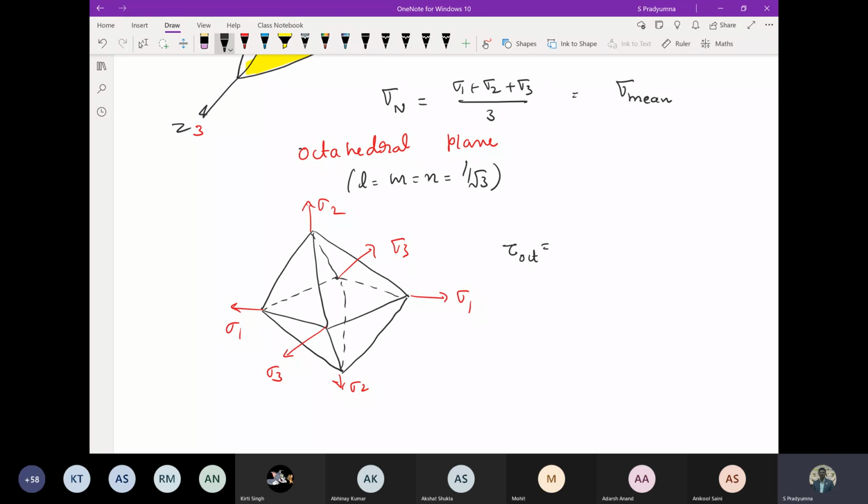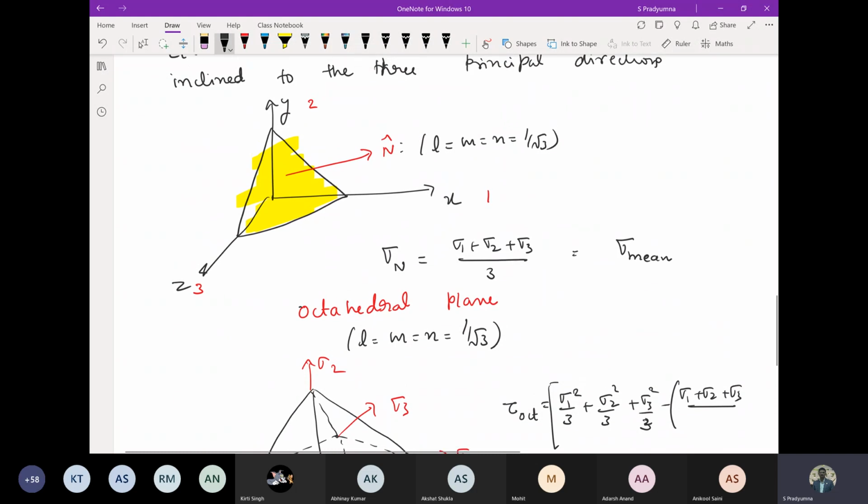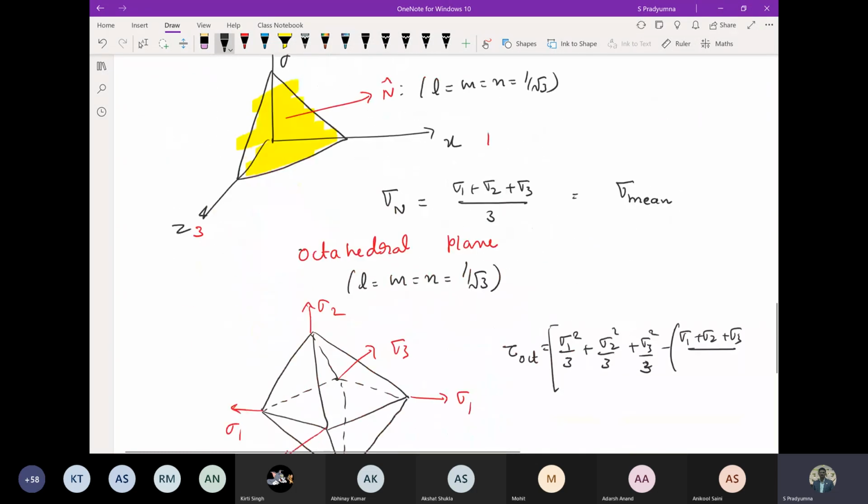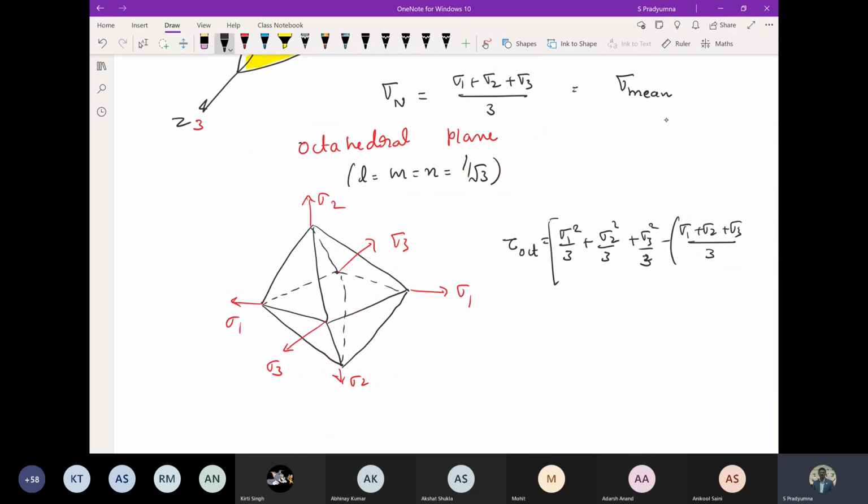I substitute L, M, N equal to 1 by root 3. So I get this value as sigma 1 square by 3 plus sigma 2 square by 3 plus sigma 3 square by 3 minus sigma 1 plus sigma 2 plus sigma 3. This is the value of sigma octahedral or sigma n, right? Sigma mean square.